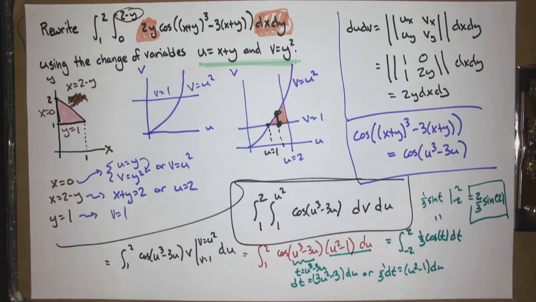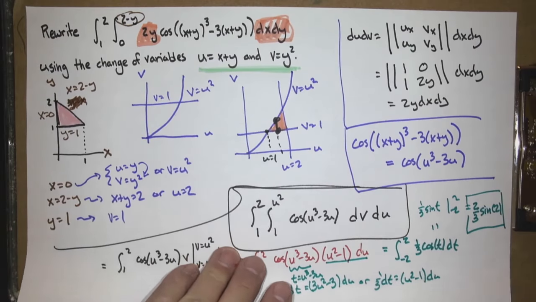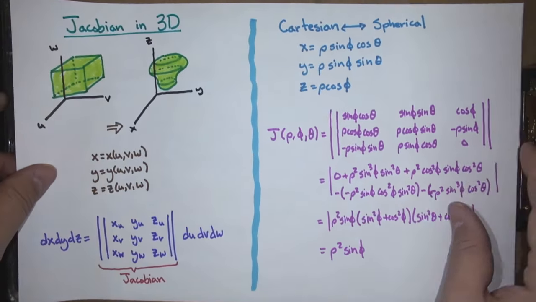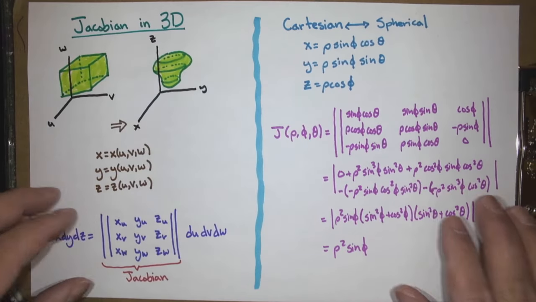Now, I have 1 minute left. And I want to mention something, because I promised we'd talk about something which we haven't talked about yet. It's where does the rho sine phi come from? So here's the thing. You don't have to memorize this.